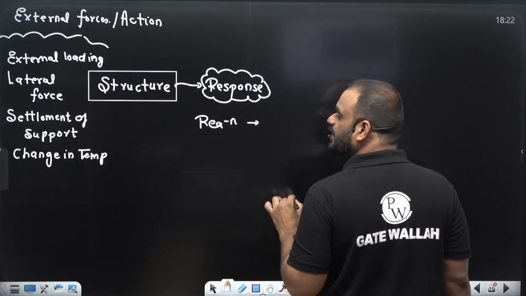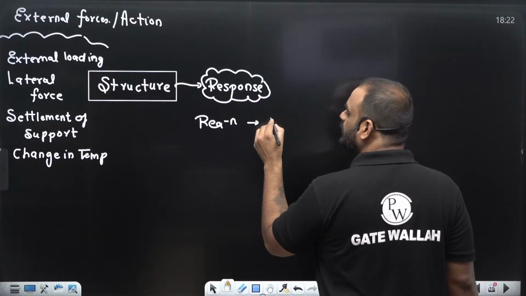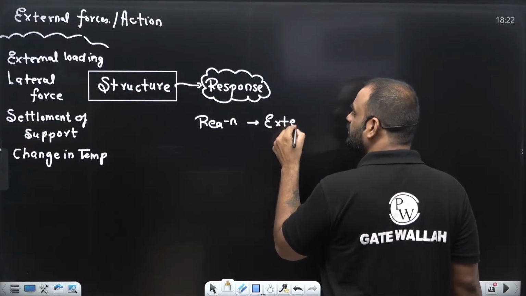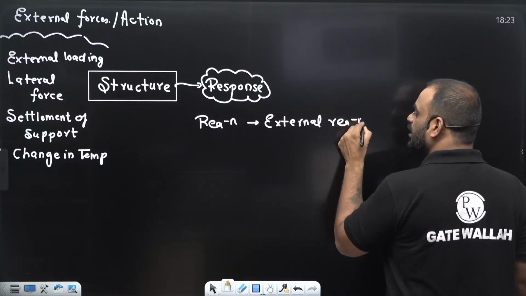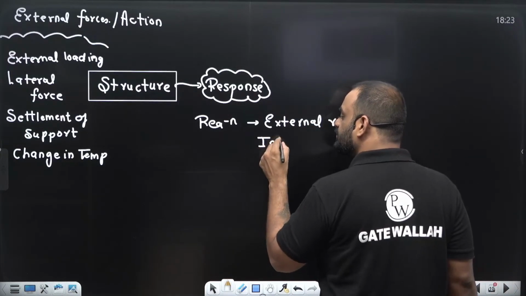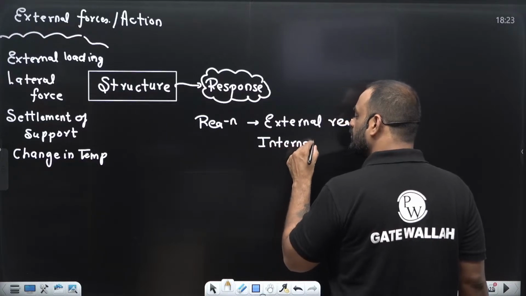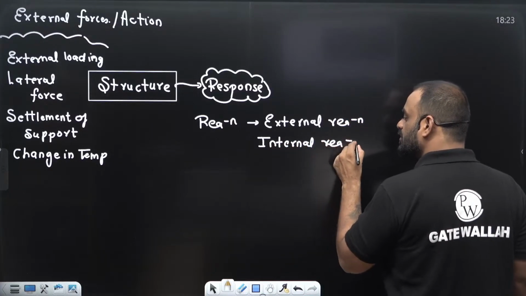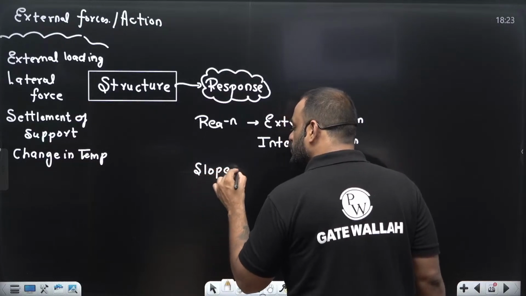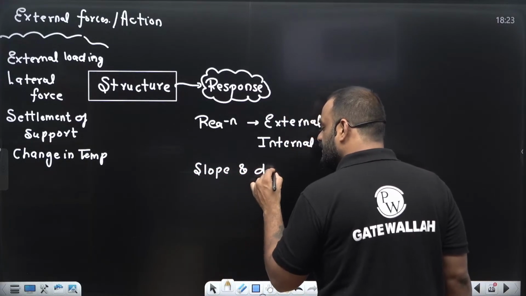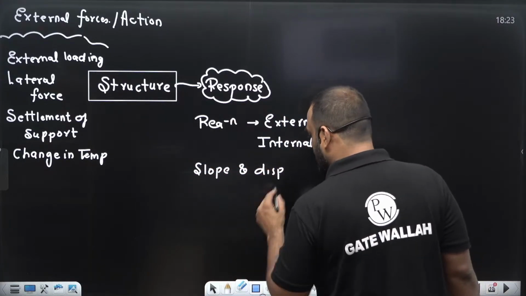Now which type of reaction, sir? It may be external reaction. It may be internal reaction. It may be slope and displacement, or you can say deflection, slope and deflection.